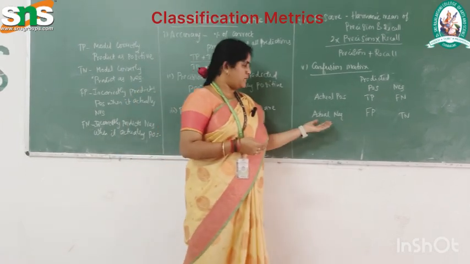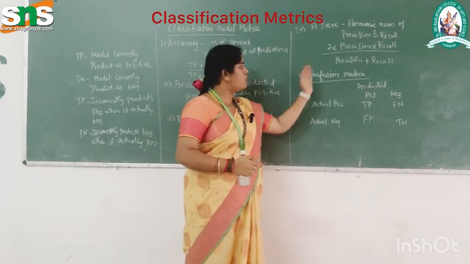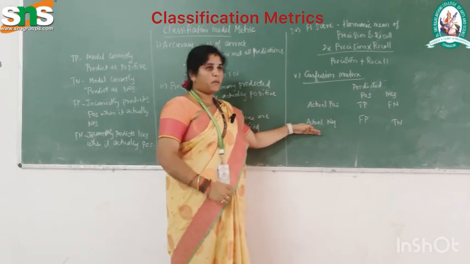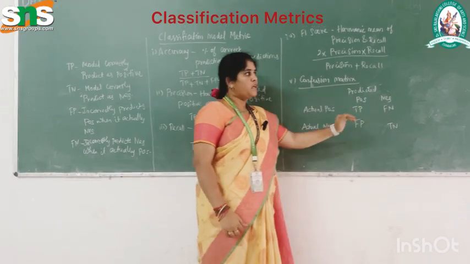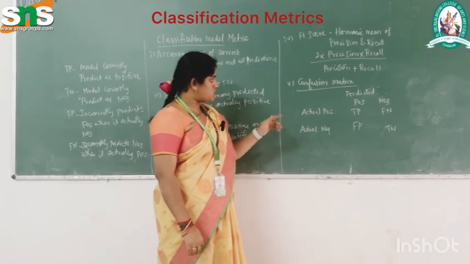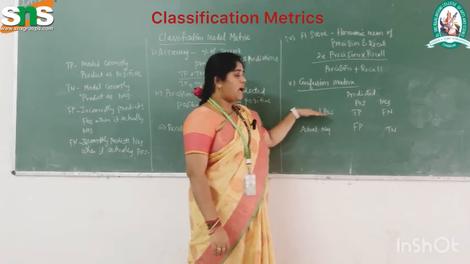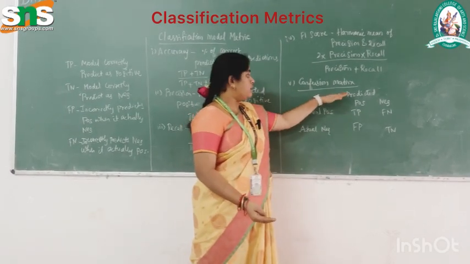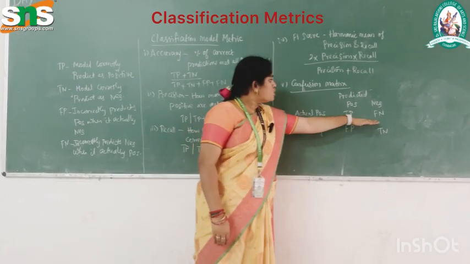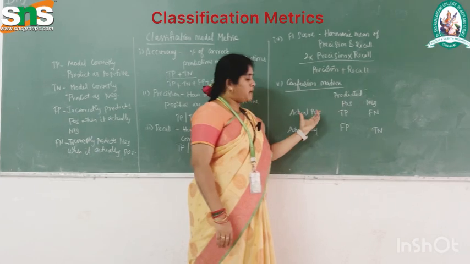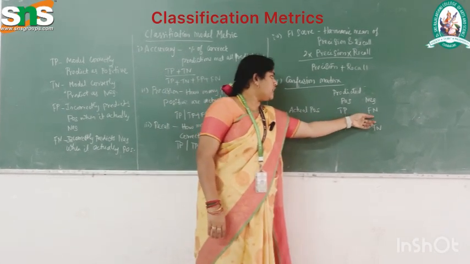We set out what is actually positive and how the model predicted positive and negative. When the actual positive is identified by the model as positive, that is the TP. When it is actually positive but the model identifies it as negative, that leads to the FN.